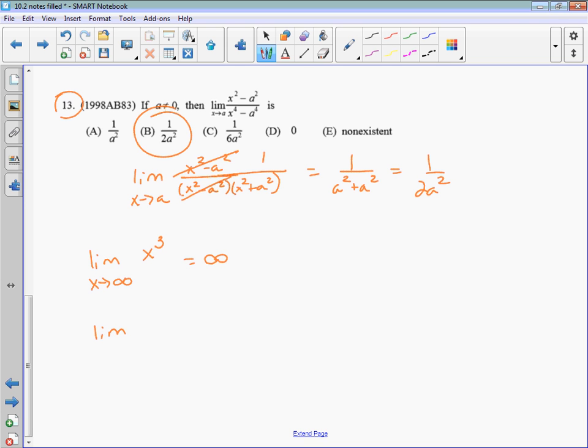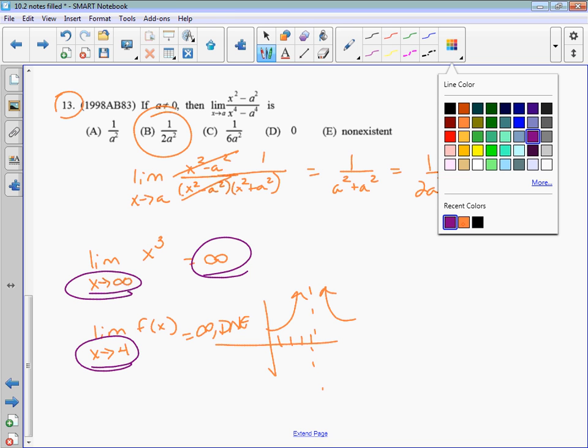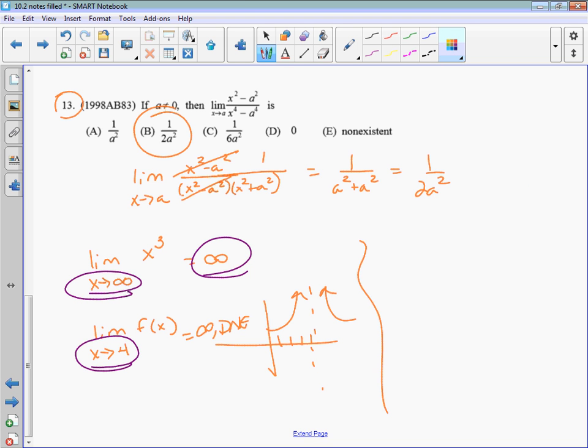If it had been the limit as x approaches 4 of your function and your graph at 4 had an asymptote, that would be does not exist, because this was a specific value, which means you need to get a defined value as your answer. If this is infinity, you can have infinity as an answer. Okay, does that help?